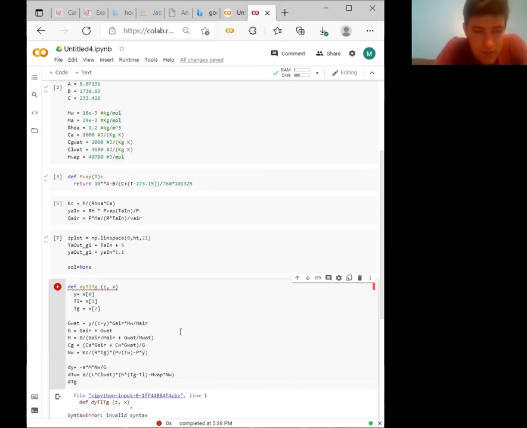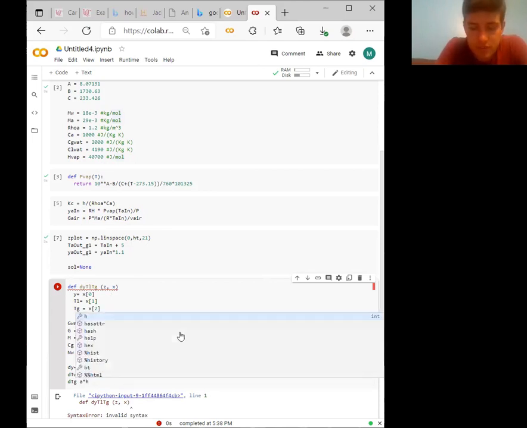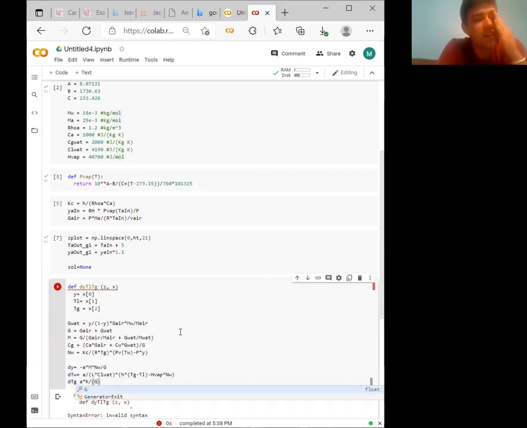And that is the cross-sectional area multiplied by the heat transfer coefficient divided by the molar flow rate of the gas, multiplied by the heat capacity of the gas, multiplied by the difference in temperature of the gas versus the liquid.